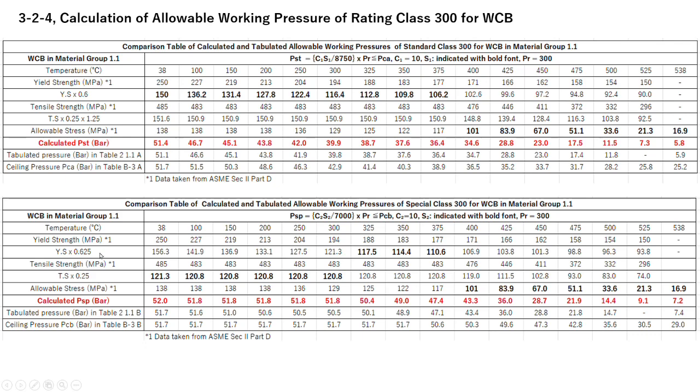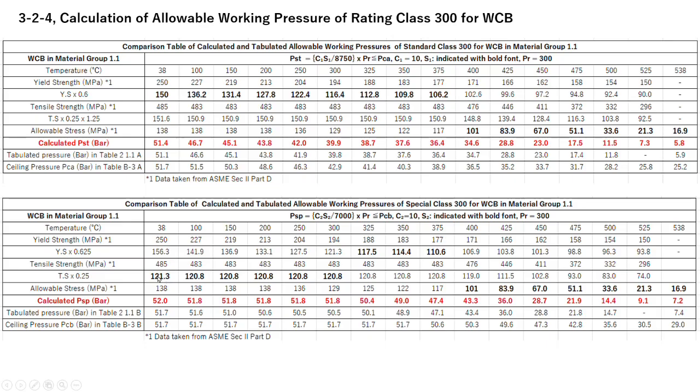So this calculated number indicated here. So compare with the yield strength number and tensile strength number, and which one is the lower value indicated. In this case, tensile strength multiply 0.25 is the lower value indicated.